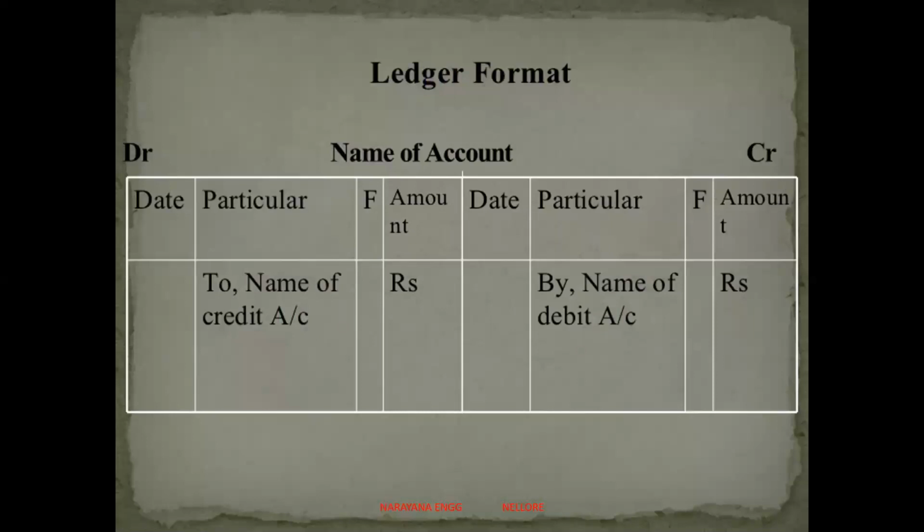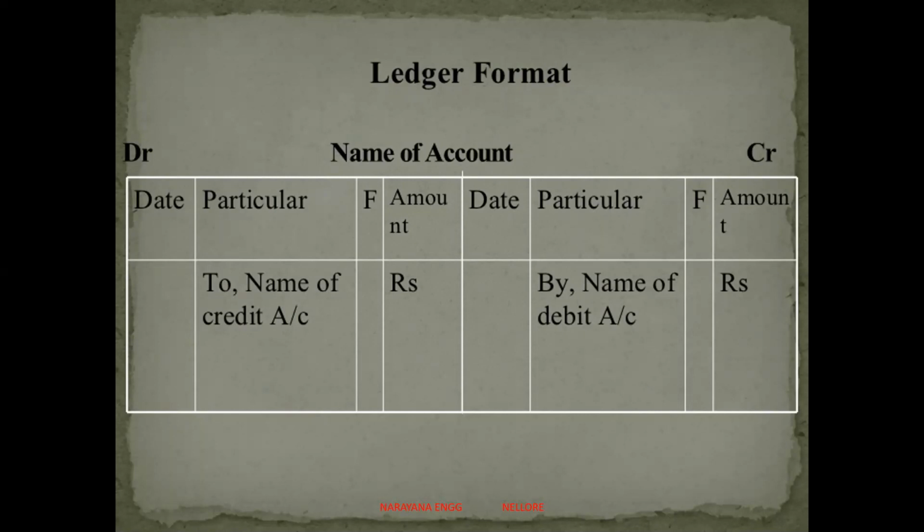Here is how to write this format of ledger. DR is nothing but debit, and CR is nothing but credit. The left hand side is debit and the right hand side is credit. You take the first date and mention the date, then the particulars. On the debit side, the particulars will start with "To" and then write the name of the credit account.